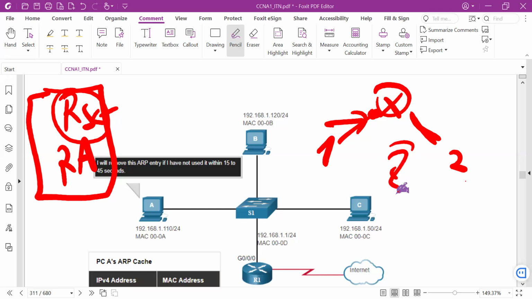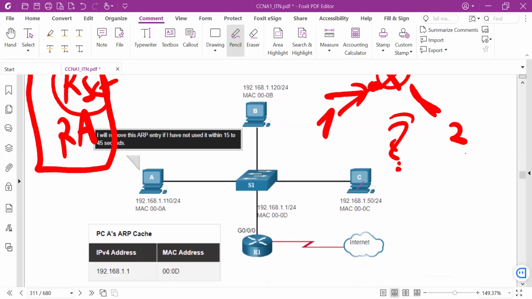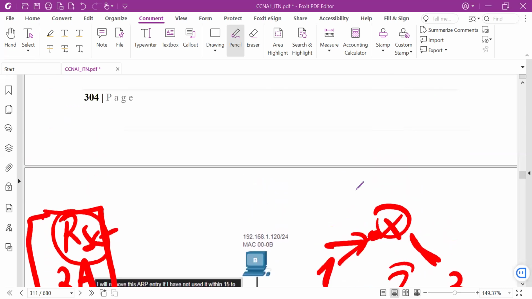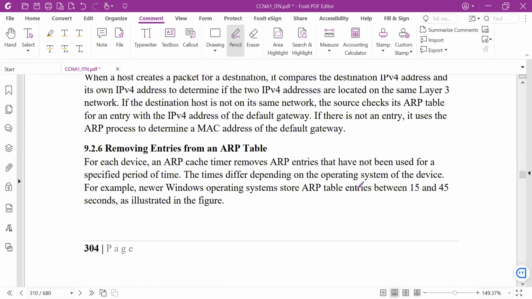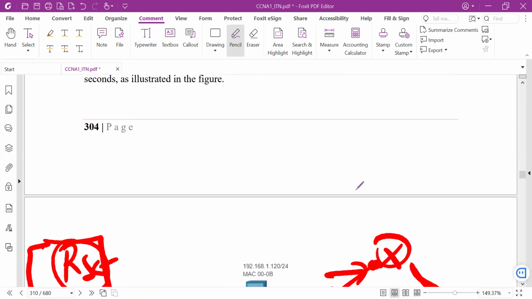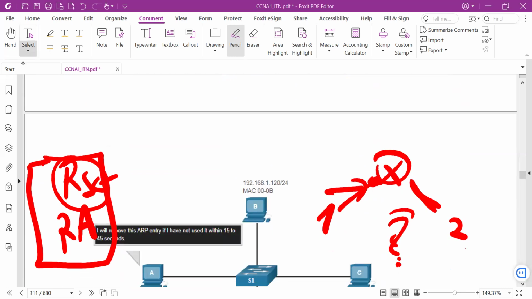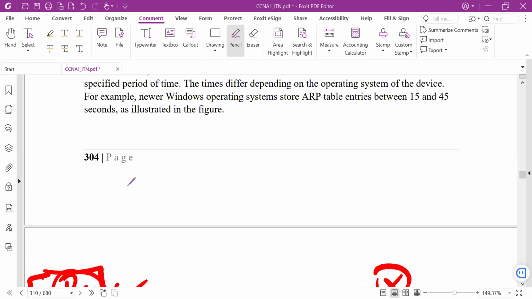Question mark. I think you can send it by WhatsApp, a screenshot of whatever you're reading, so that I can analyze it, because I'm a bit all over the place as well. In my brain, I'm thinking we might be confusing it with this other set of messages, RS and RA.